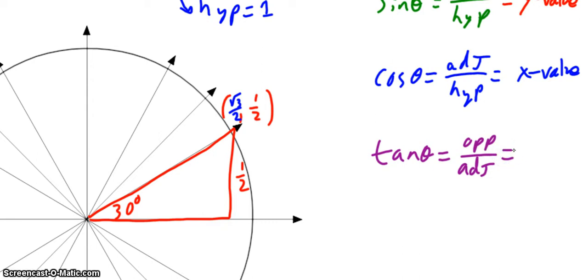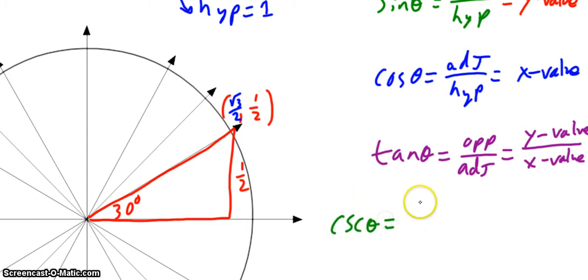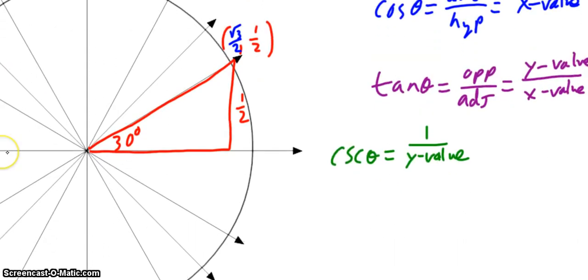Tangent of theta is opposite over adjacent, so therefore it is going to be y value over x value. And then the reciprocal functions are the reciprocals of these. So cosecant theta is 1 over the y value, because the hypotenuse is 1.